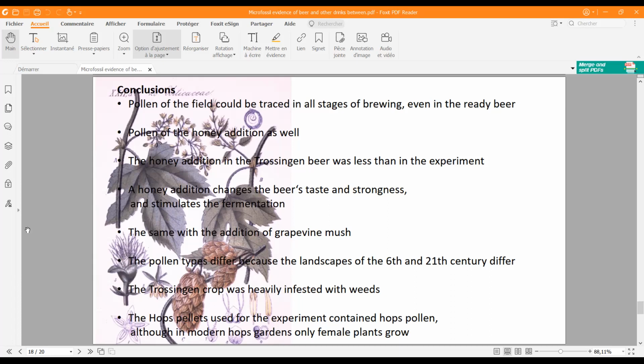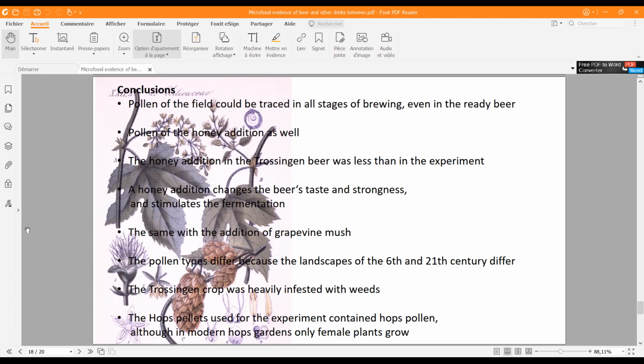Okay, and another striking result was the brewer used now fresh hop pellets, put pellets inside. It's the normal way today in modern brewery technology. And we also analyzed the pellets. And you must know that the hop plant has two different plant types, male plants and female plants.